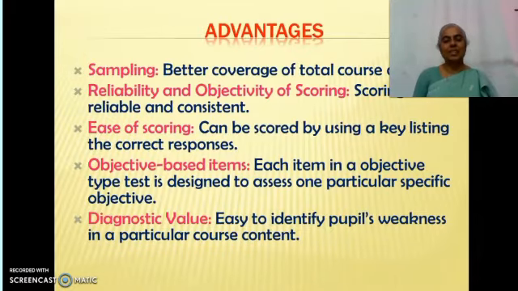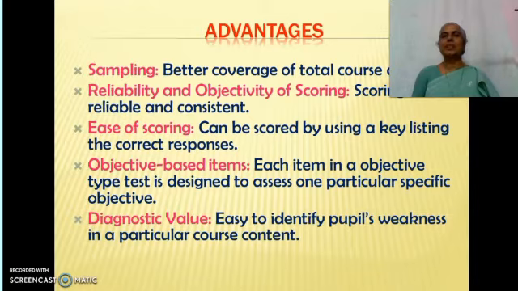So, what are the advantages? The advantage of this objective type is better coverage of the total content. That means, unless you study the whole matter, the student cannot answer the objective type question. Because if he leaves a portion, and the questions come from there, the student will get low marks.